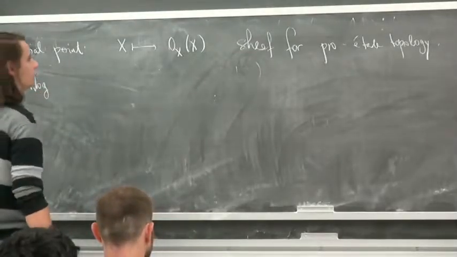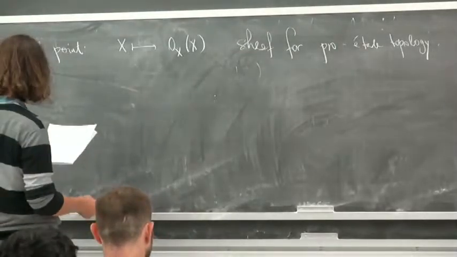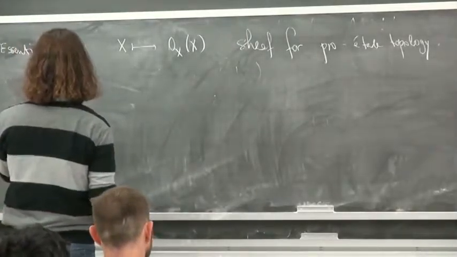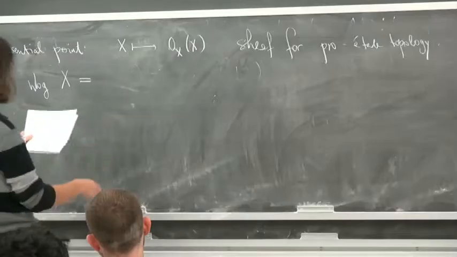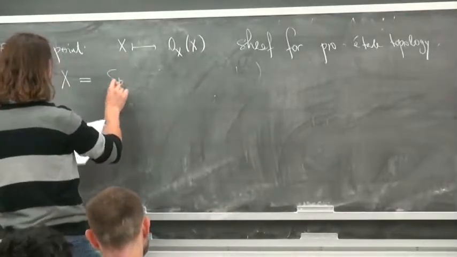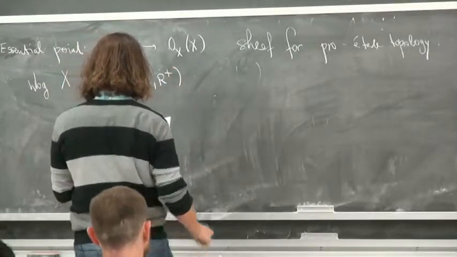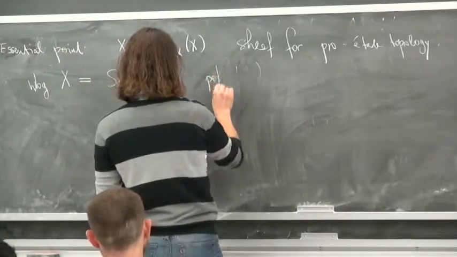So it's certainly a sheaf for open covers, and so we have to check for the other kind of coverings that occur, which are often attenuated by finitely many affinoids in the standard way. So without loss of generality, X is Spa(R, R^+), affinoid.